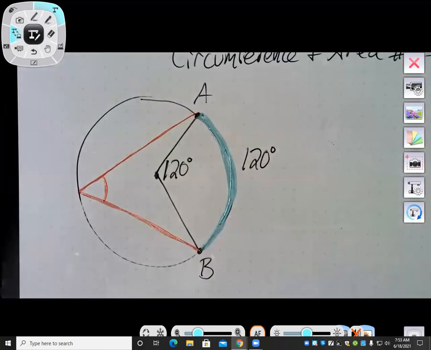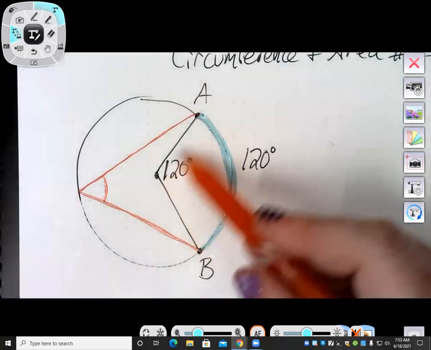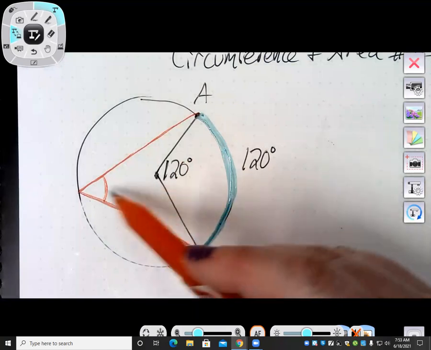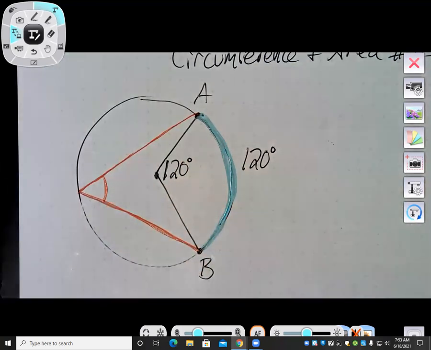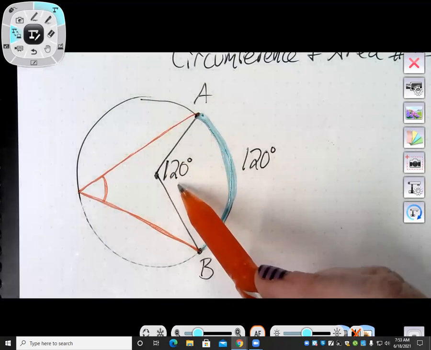If you compare that orange angle to the central angle here, 120, do they look like they're the same measure, same size just by looking? No, they definitely don't look like they're the same. The orange one is clearly smaller than this central one, right? Can everybody agree with that?